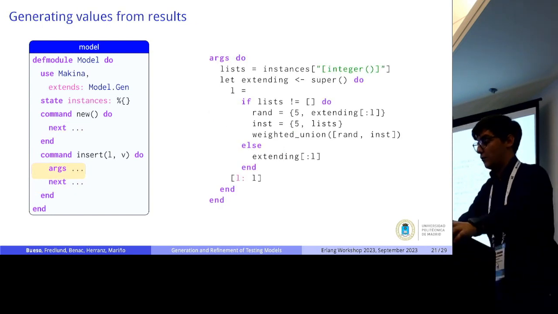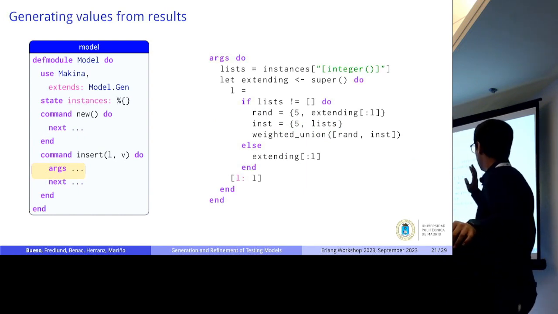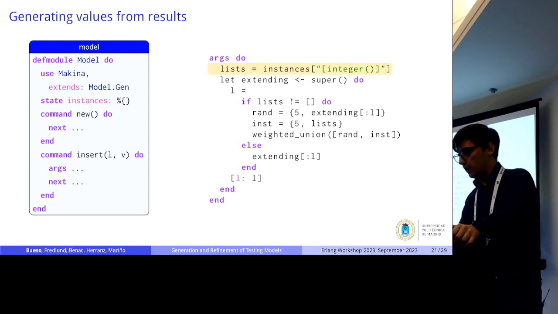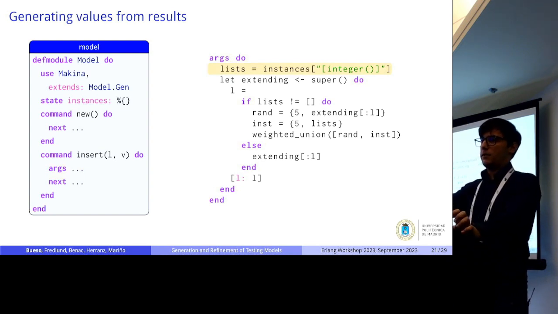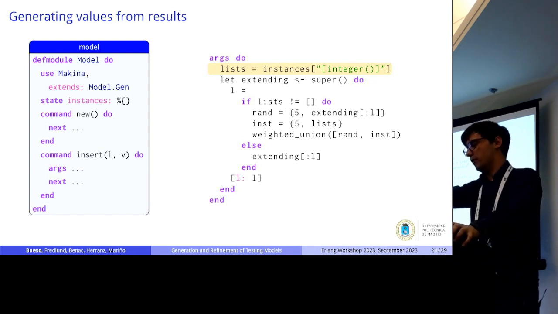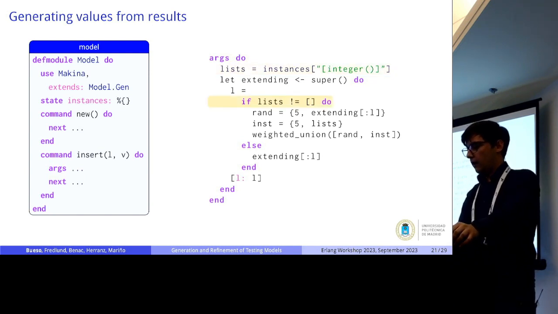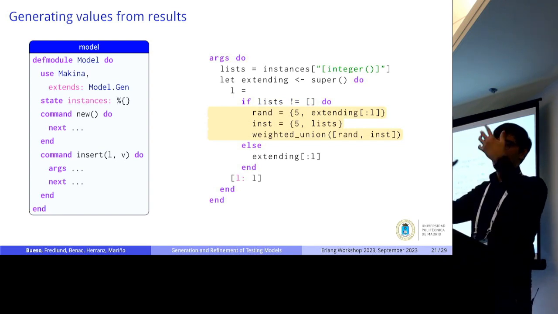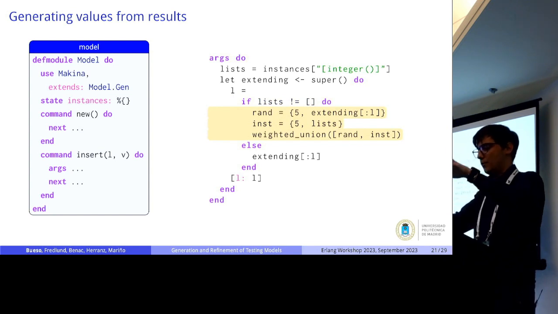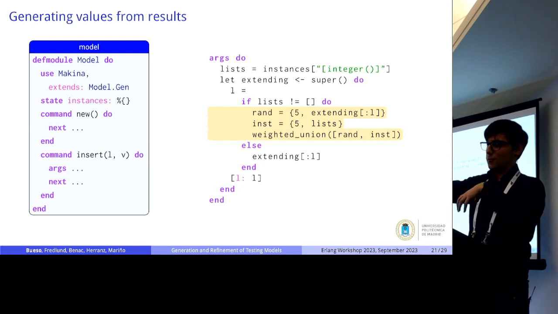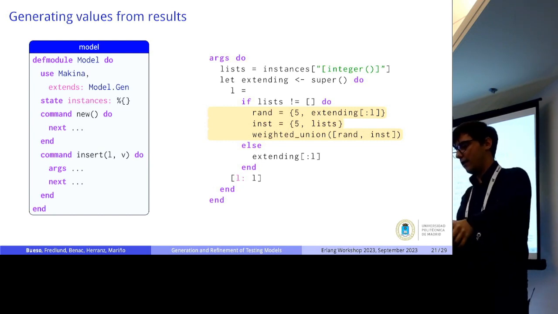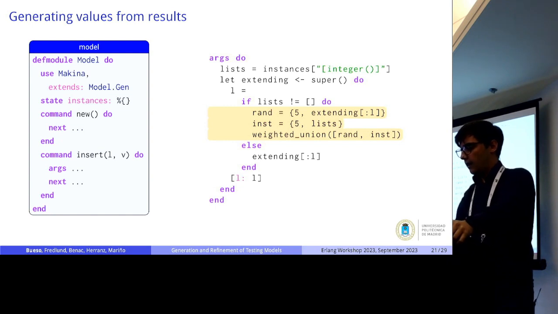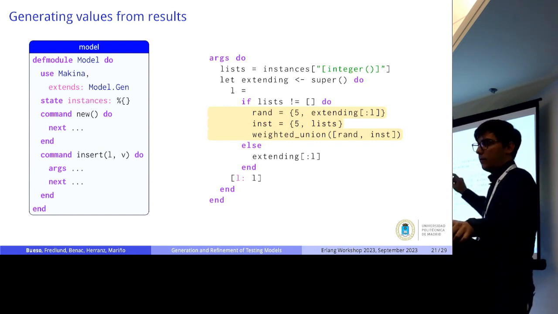And finally, here I show you how we generate arguments, which is a bit confusing, but basically what we do is we extract the values of that type stored in the state, and if we have any values in that state attribute, then we randomly choose between the type-derived generator and the results in the state by using the random option that we introduced before.